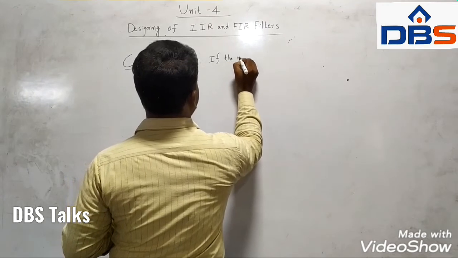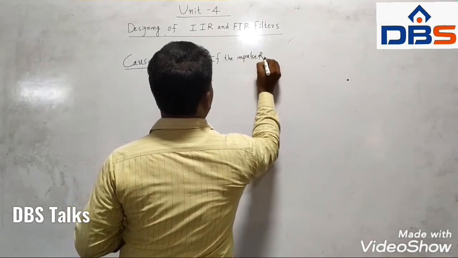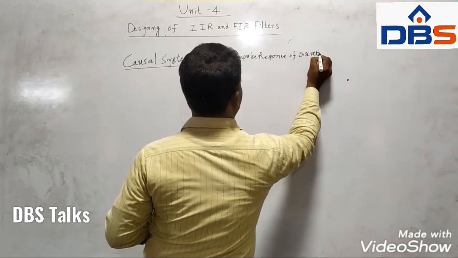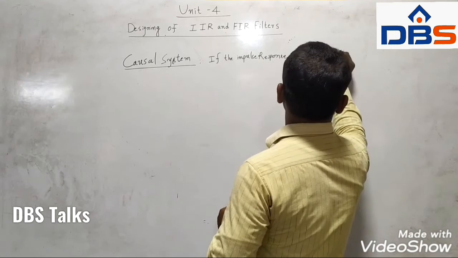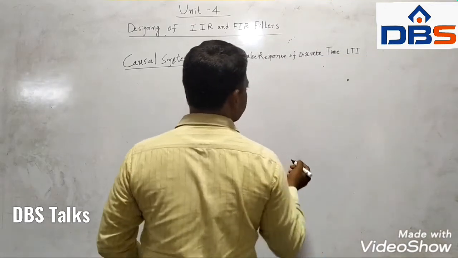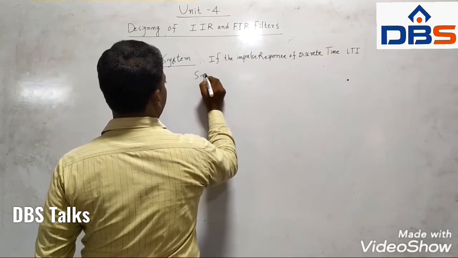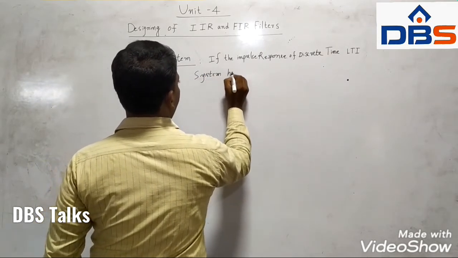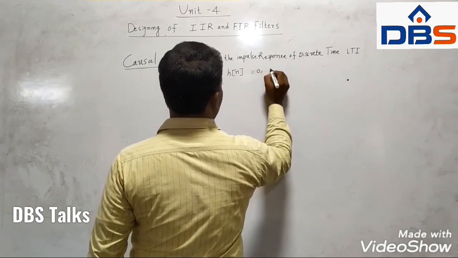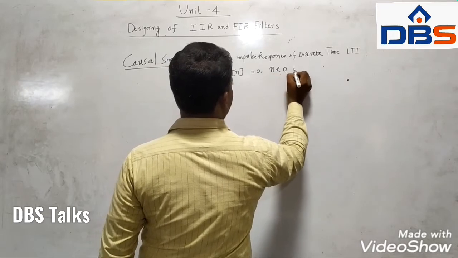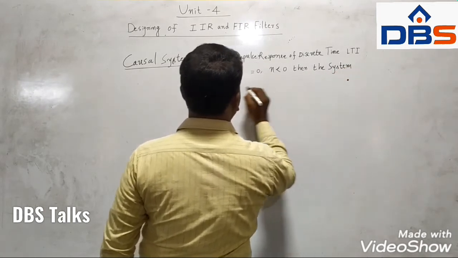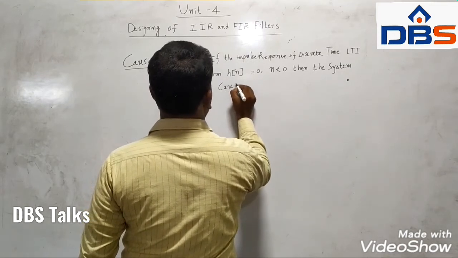If the impulse response of a discrete time LTI system, h of n, right, impulse response is represented by h of n, is 0 for n less than 0, then the system is a causal system.